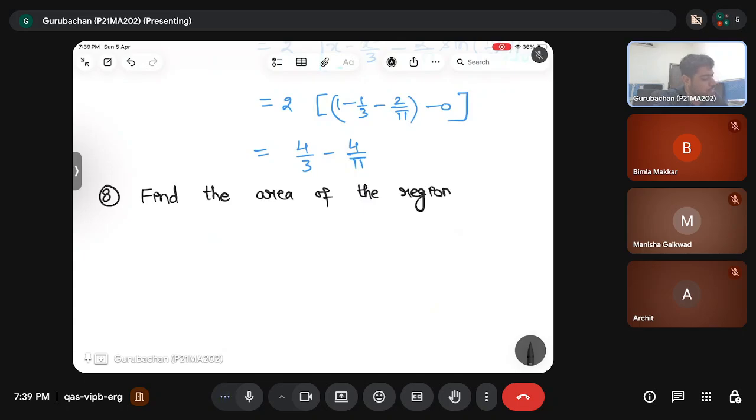See, this drawing curve will help you also in the next lecture, that is volume.